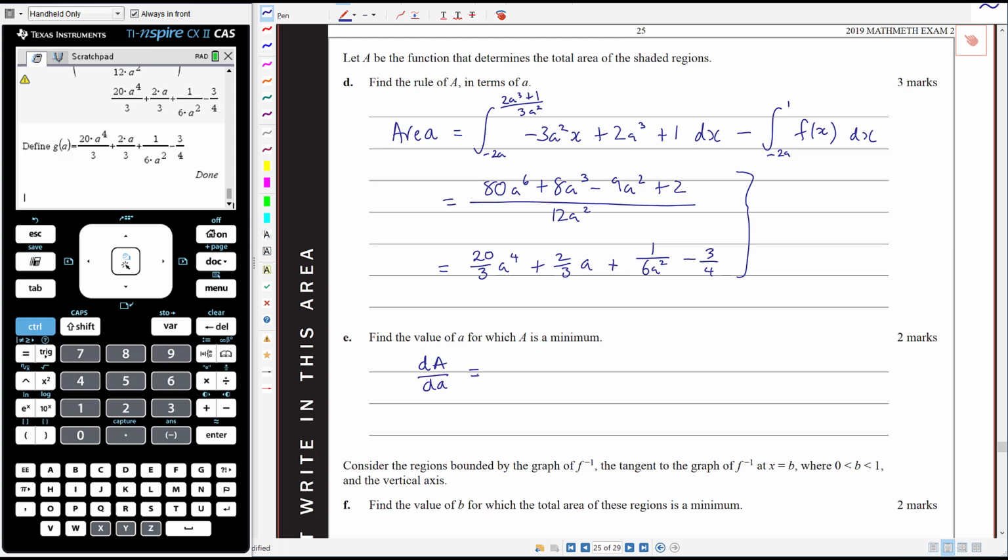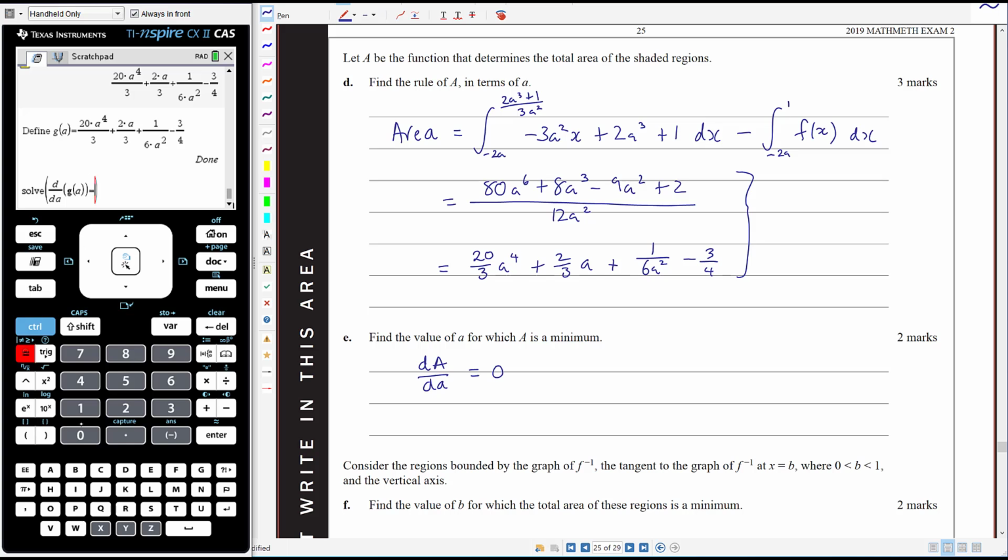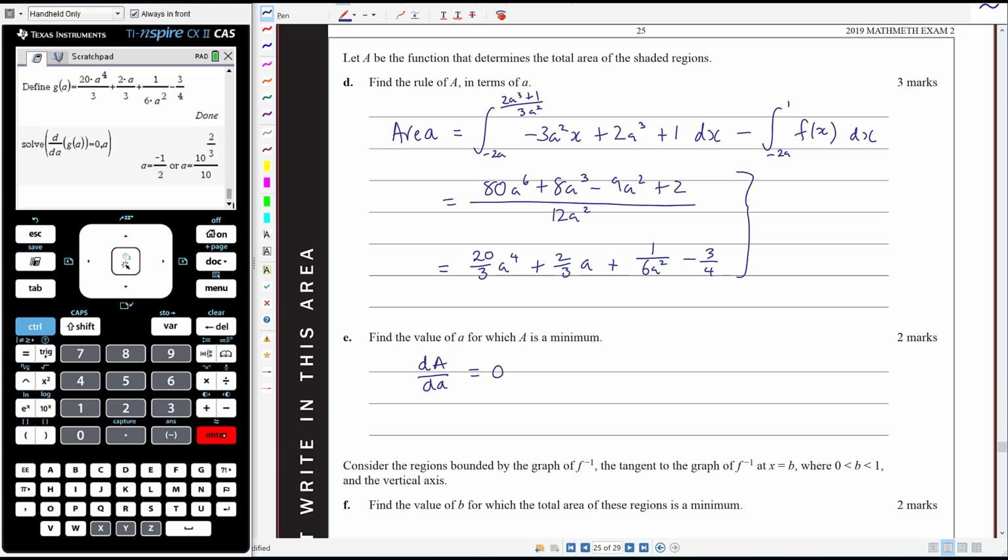I can't call the function in my CAS a of a because it doesn't differentiate between capital A and lowercase a, but I can write dA over da on the paper. So dA over da equals 0, so we want to solve the derivative with respect to a of g of a, which is my area function in my CAS, sorry, g of a. We want to solve that equal to 0 for a.